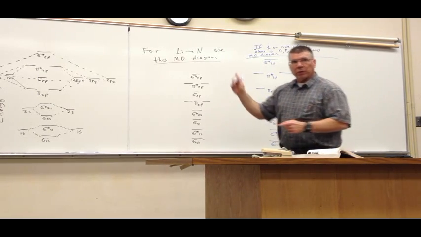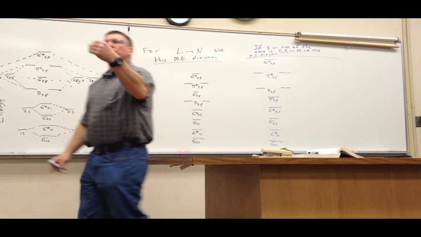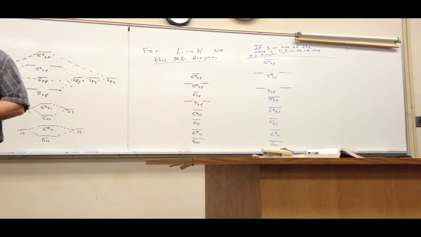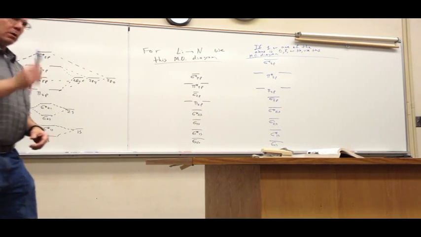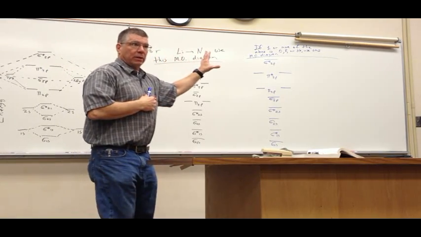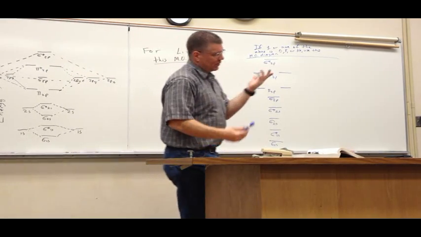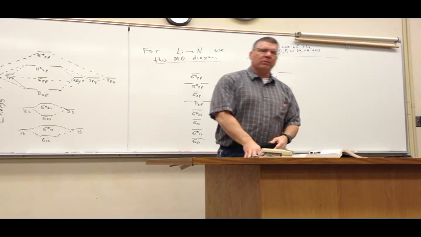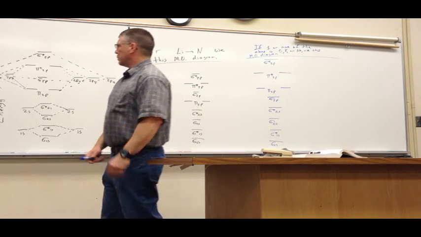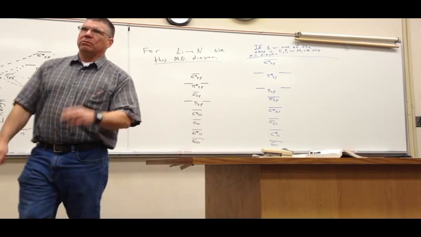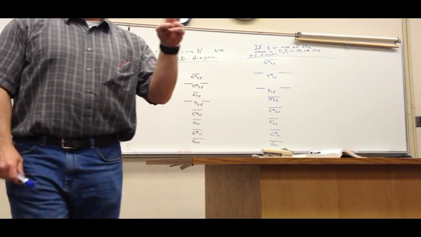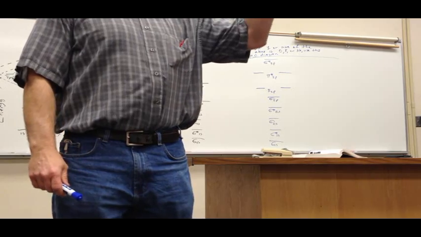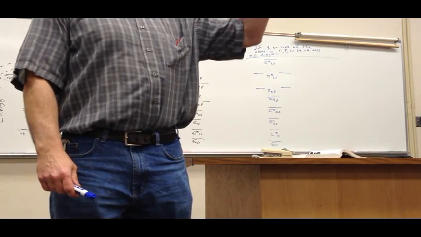Now, that rule that I just gave you is slightly different than the one that they give you in the textbook. I want you to use what I say, okay? What they tell you in the book is that you use this if the atoms are within one of each other in the periodic table, no more than one block away.